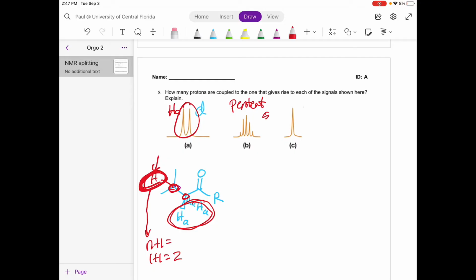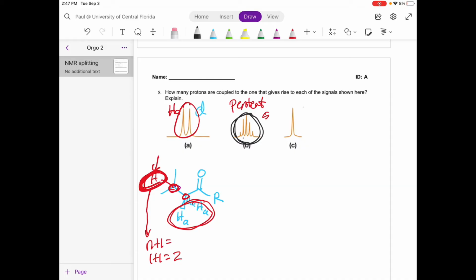I think it's best to do an example and show you what that means. Since that signal has been split into a pentet, that means there are 4 equivalent hydrogens splitting the proton of interest.